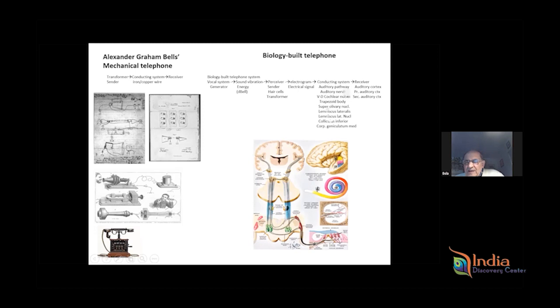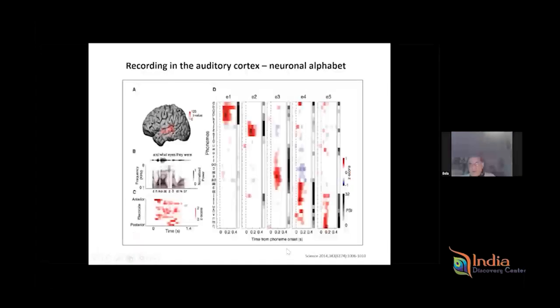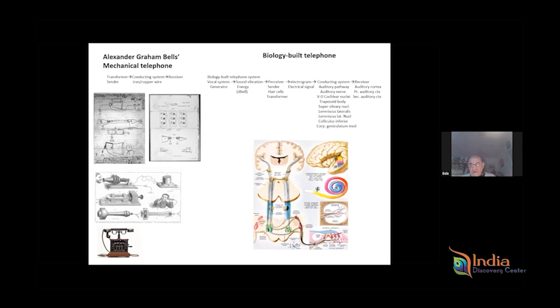So it's very different from the mechanical telephone, the biological telephone. So we definitely have to work with the different proteins and research what this protein electricity has different in the neuronal activity.